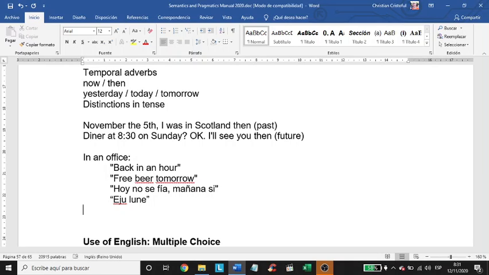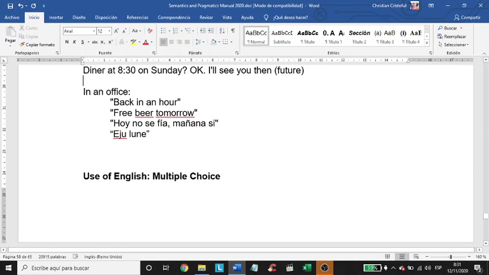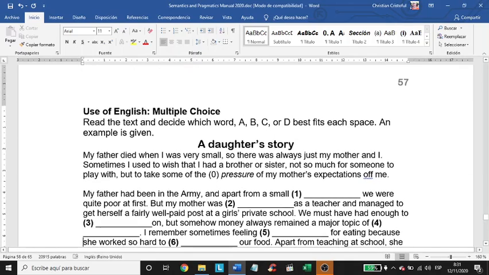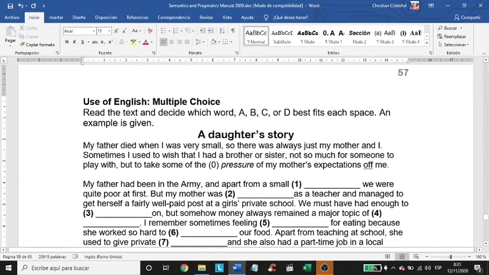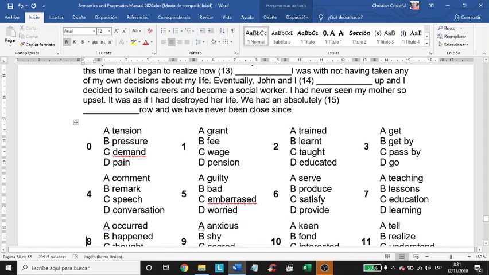Okay. All right. In pragmatics, we study language use, how speakers of a language use their language. So there is no way we can avoid use of English exercises, because they really test if we know how native speakers of English use their language. So you will have a multiple choice exercise here.